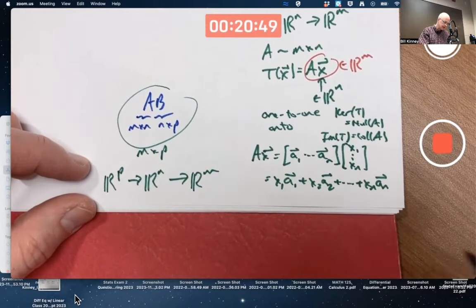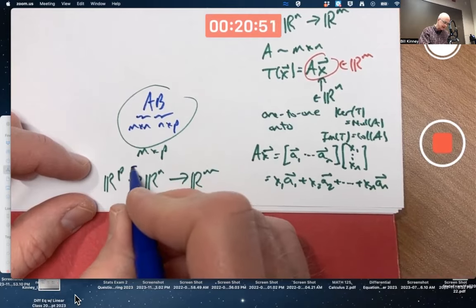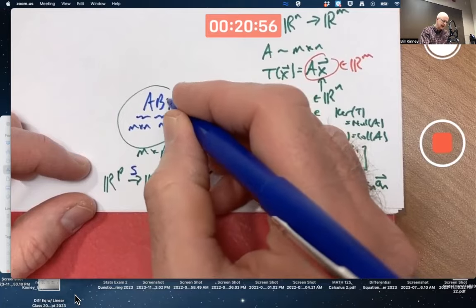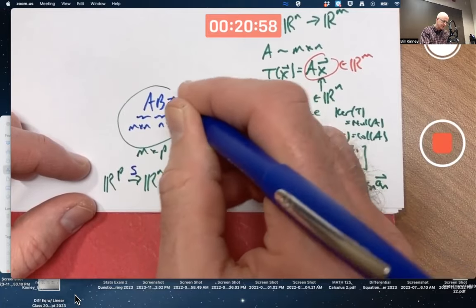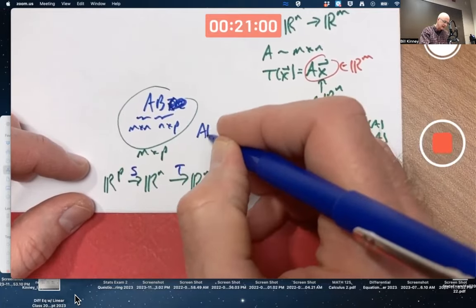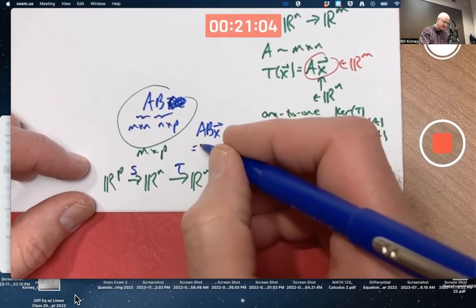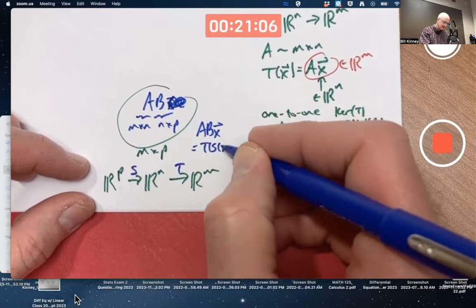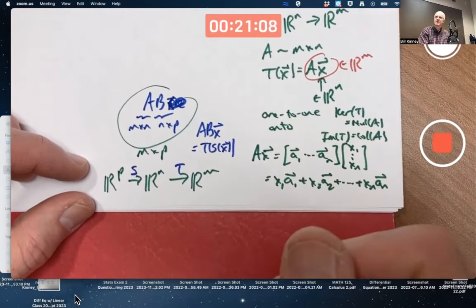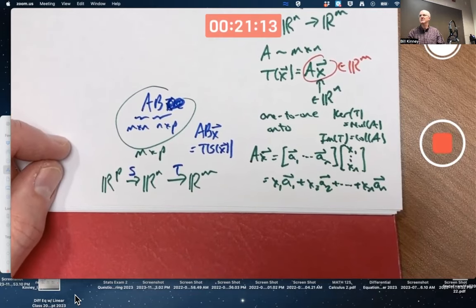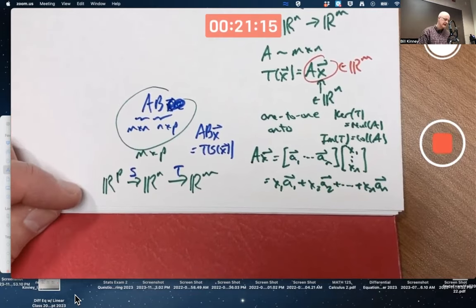Whatever you want to call these transformations, S and T or something, A times B times x is going to be the same as T of S of x. Matrix multiplication is defined so that it matches function composition for linear transformations.